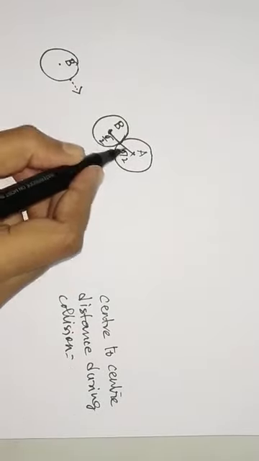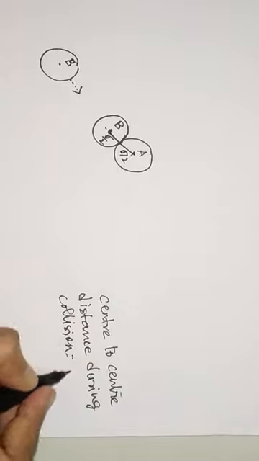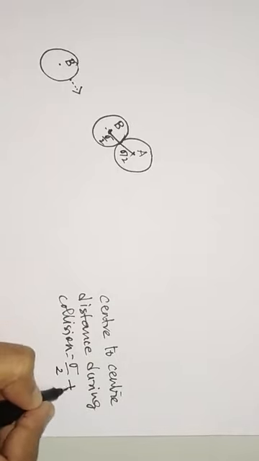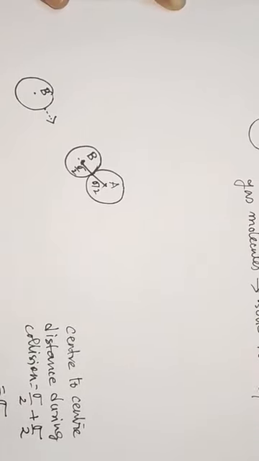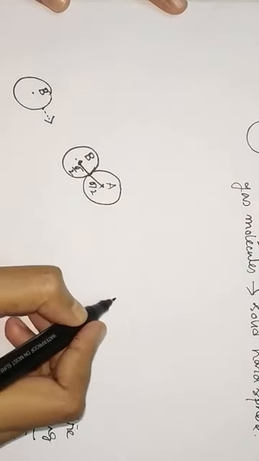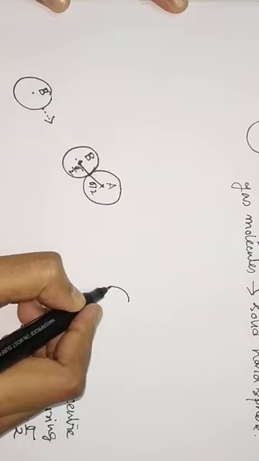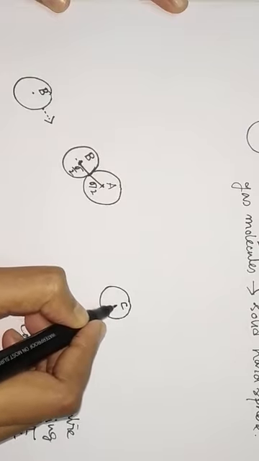So their center to center distance will be sigma by 2 plus sigma by 2, which is sigma.